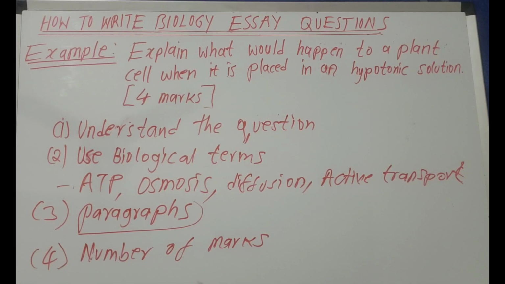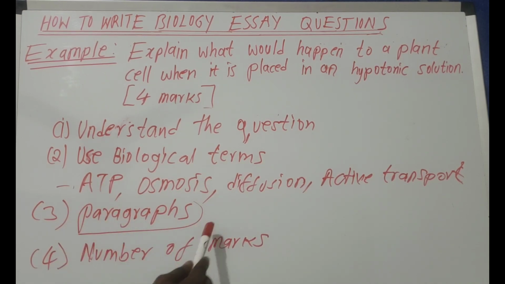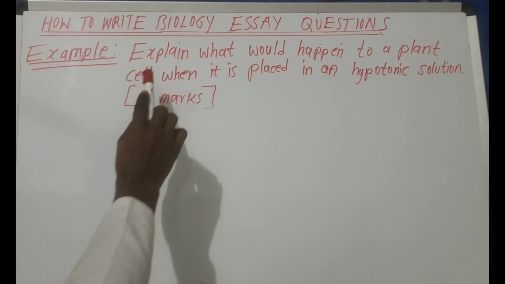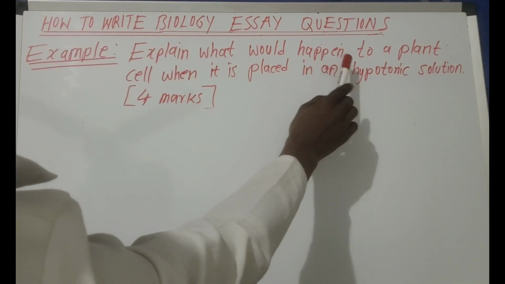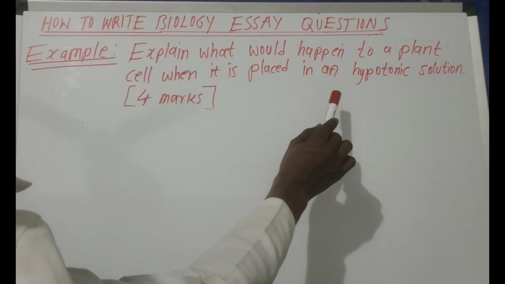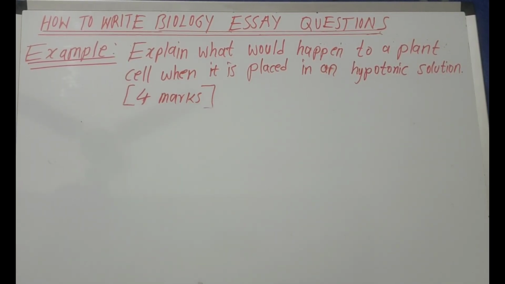All right, so now let's look at the question, having understood that. This is generally how we go about the biology essay questions. Understand the question, use these terms, then write them in paragraphs, then consider the number of marks. Now, our question here says, explain what would happen to a plant cell when it is placed in a hypotonic solution, and they've given it 4 marks.